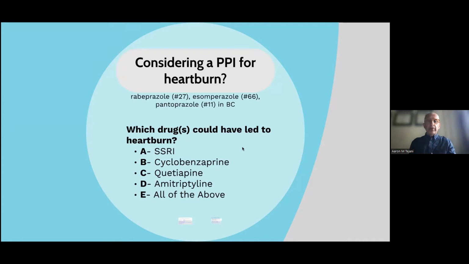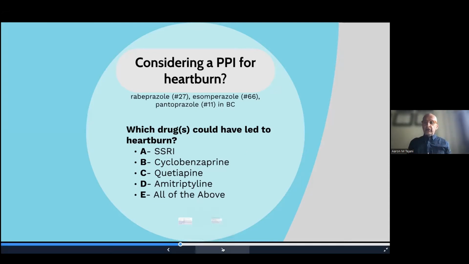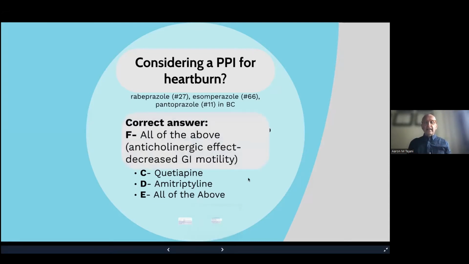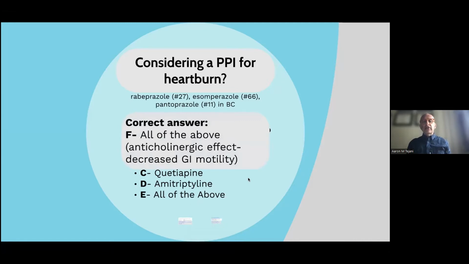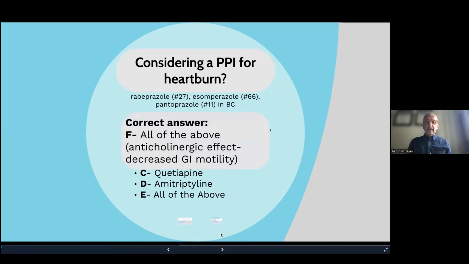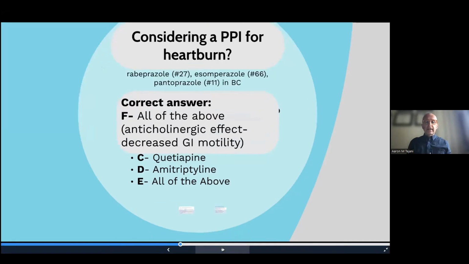So someone's responded E, all of the above, a lot of E's. And anyone that responded with E is correct. It may be due to the anticholinergic effect that leads to decreased GI motility. And again, this has been reported.